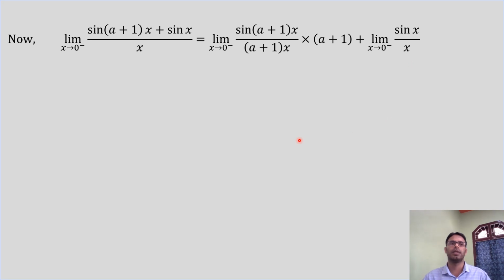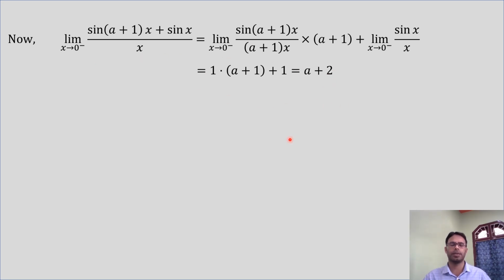So then using the limit, this is 1, a plus 1 is remaining the same, and this value is obviously 1. You can take this limit to h, so the final value will be a plus 1 plus 1, which is a plus 2. So a plus 2 is the left hand limit.